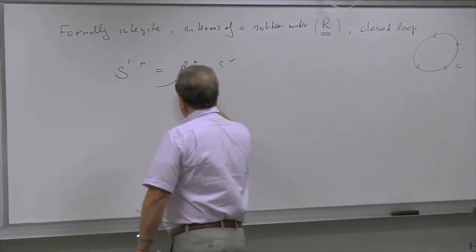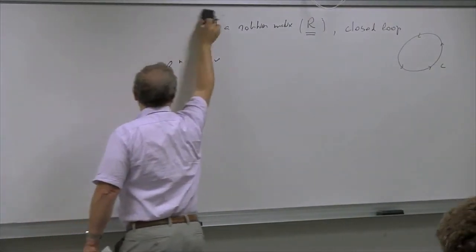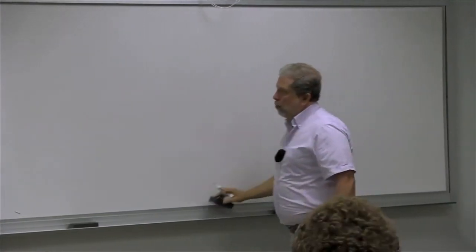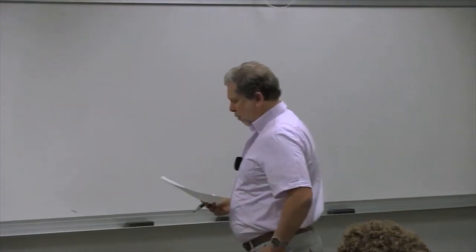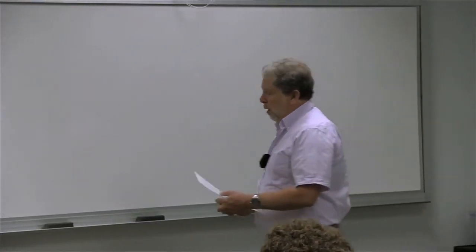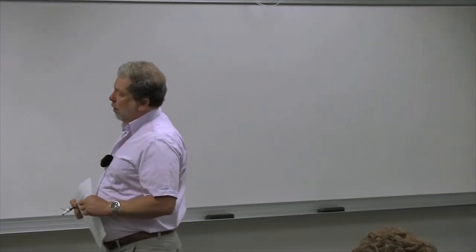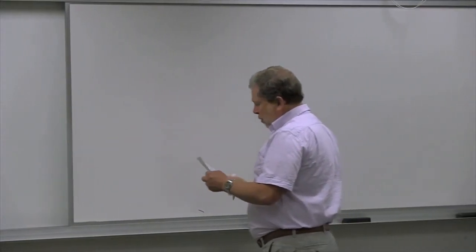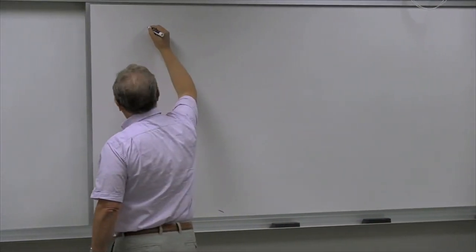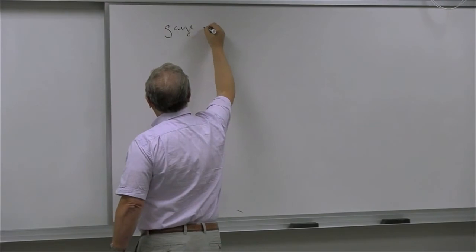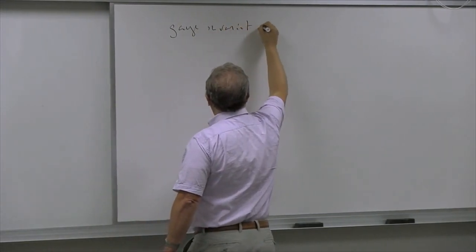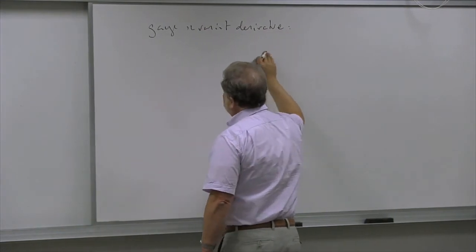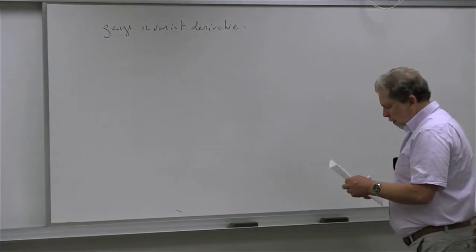A useful ingredient in proving that the equation for a particle in a magnetic field, for example the Schrödinger equation, is invariant, is to introduce this gauge invariant derivative, which is done in the following way.